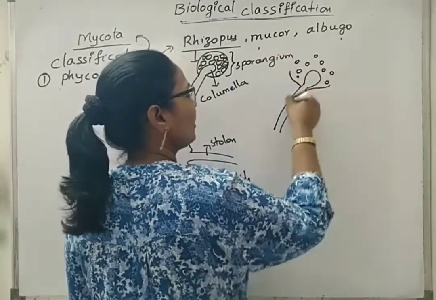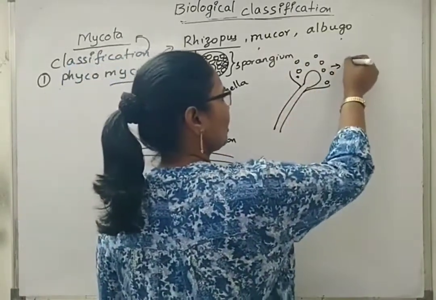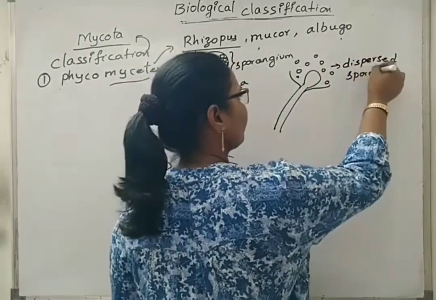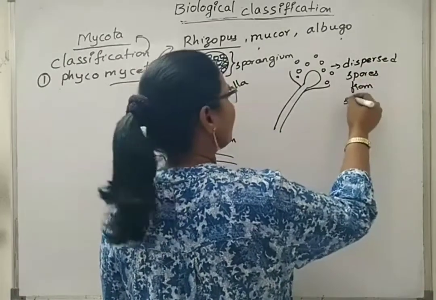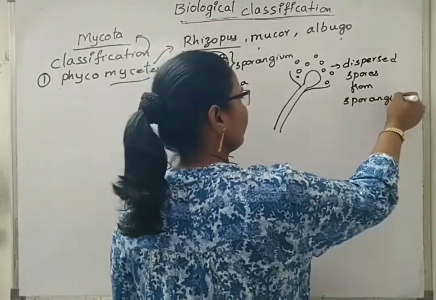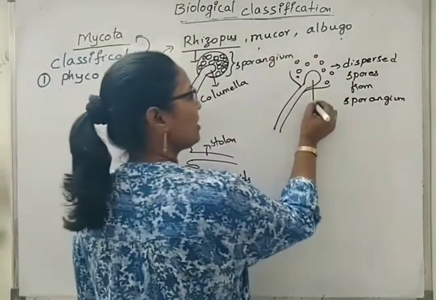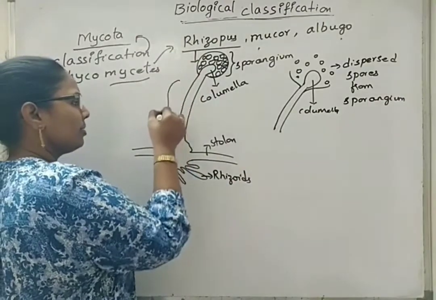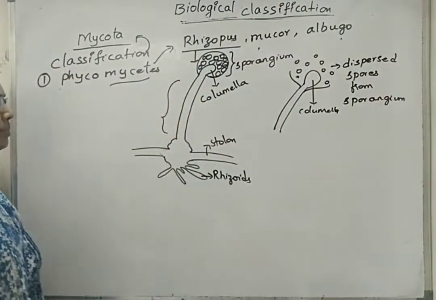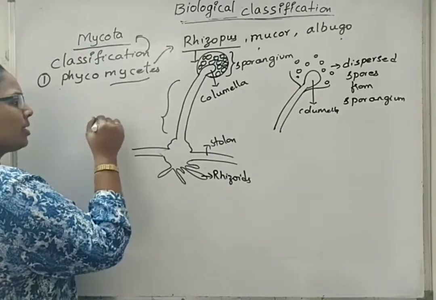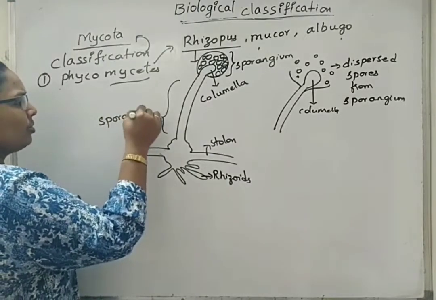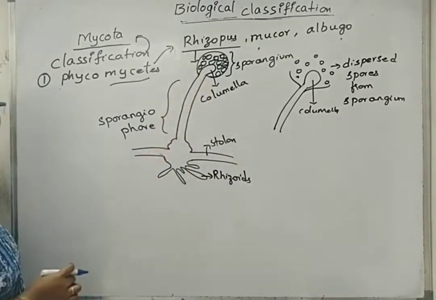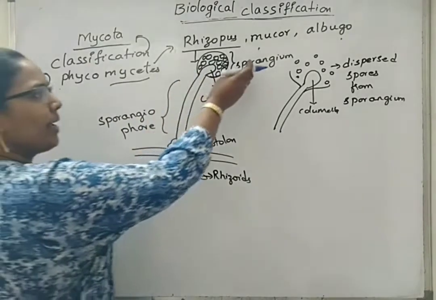When the sporangium is broken down, the columella remains, and the spores are dispersed from the sporangium. Now this long thread-like aseptate hyphae structure is called sporangiophore, because it is bearing the sporangium.